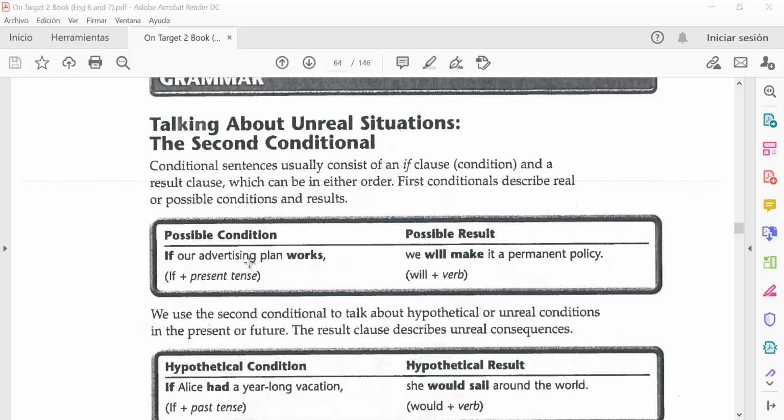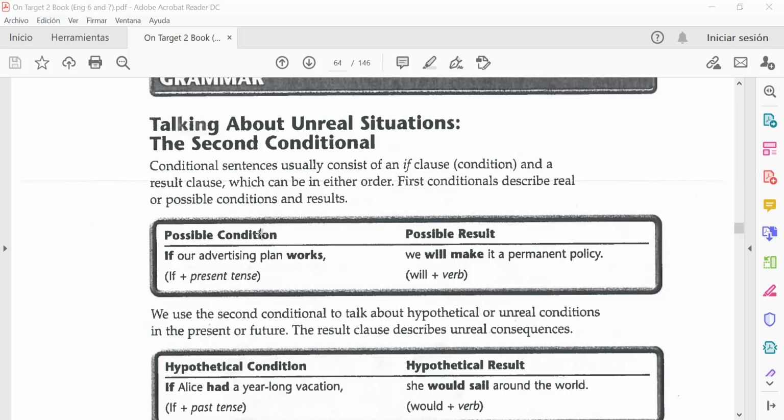So in the first conditional, the first thing that we have to do is add the particle if, as you can see here. The condition clause always has the if particle. So basically what you have here on your screen is, if our advertising plan works, comma, that is the first clause.